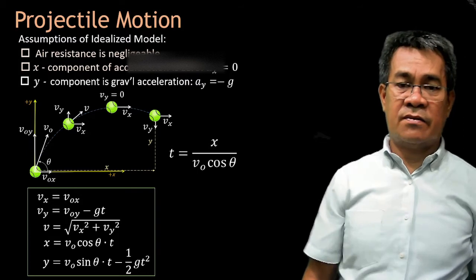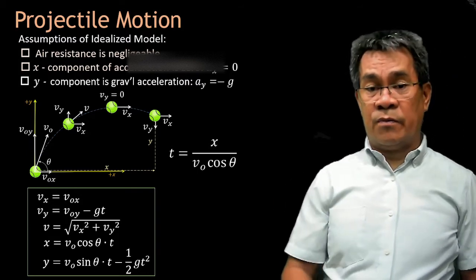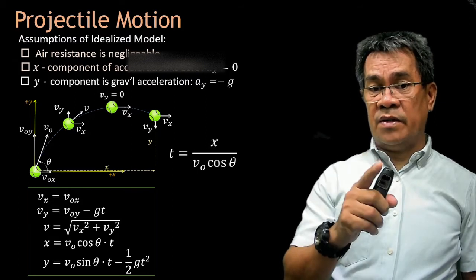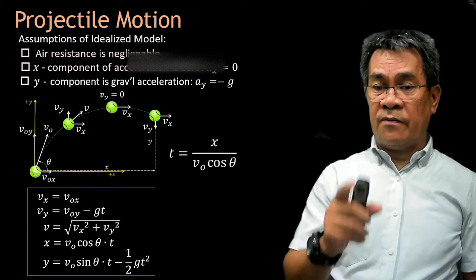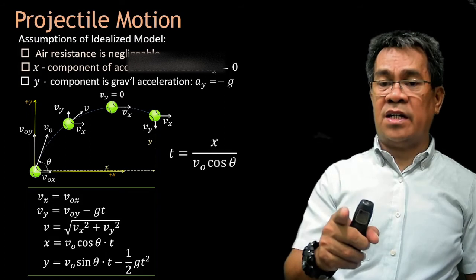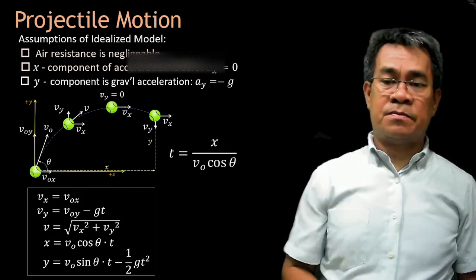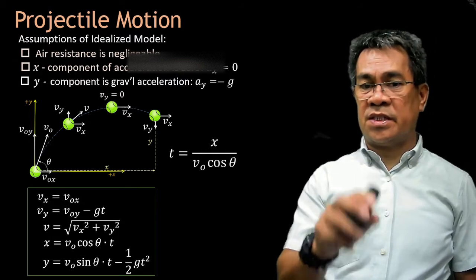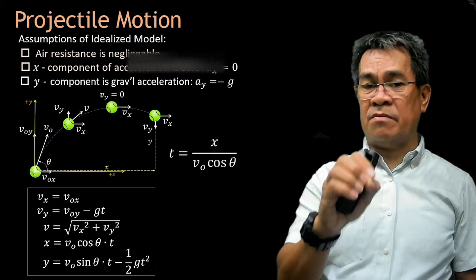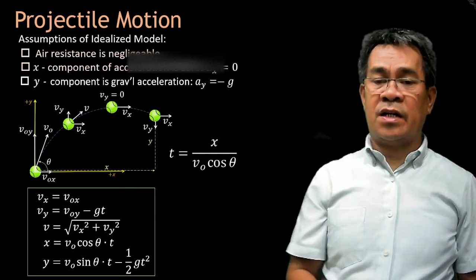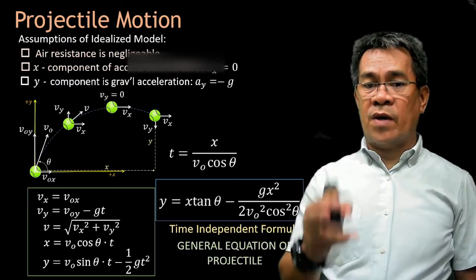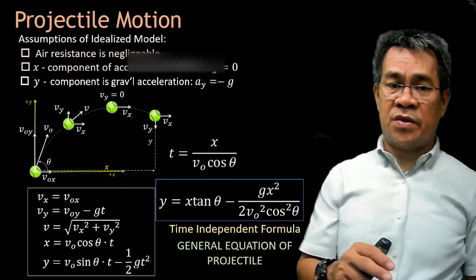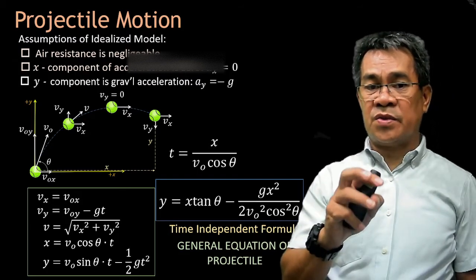Now, if we substitute the time, which is x over V0 cosine theta, into the formula of the y position, which is V0 sine theta t minus 1/2 g t squared, the result is y equals x tangent theta minus g x squared over 2 V0 squared cosine squared theta.